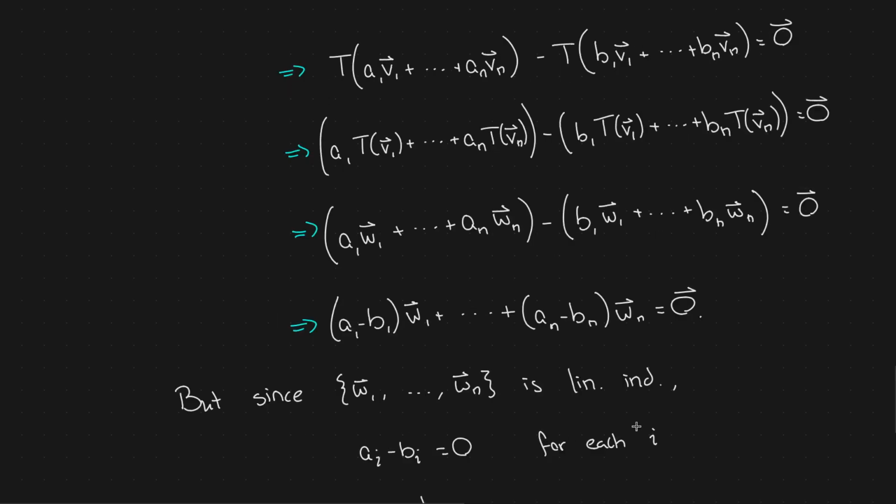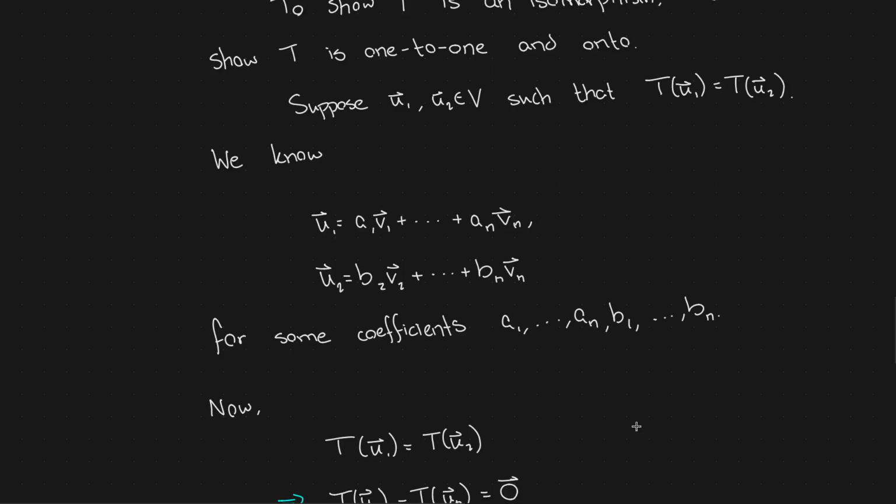How do we get ai and bi again? They're the coefficients of these linear combinations, and I'm just seeing a little error here. This should be b1 v1. Okay, they're the coefficients of these linear combinations, right?